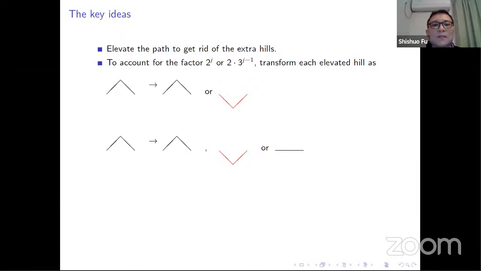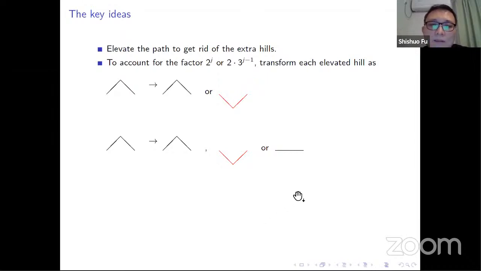We flip the peak. So this peak becomes a valley in some sense. So there are two choices. So that gives you why you have 2 to the j, because you have j heels, right? After you elevate the path, these j heels will be, of course, peaks at height 2. Then for these height 2 peaks, you can choose either to keep it the way it is or you flip it. So that's the main idea.